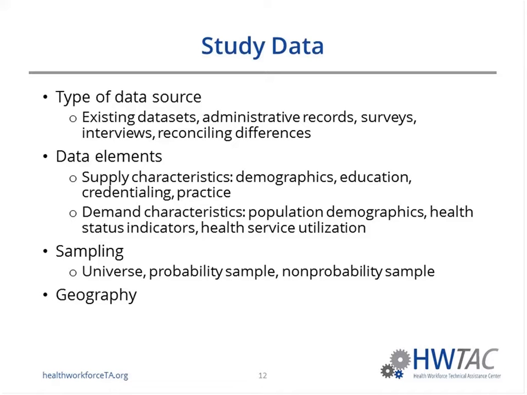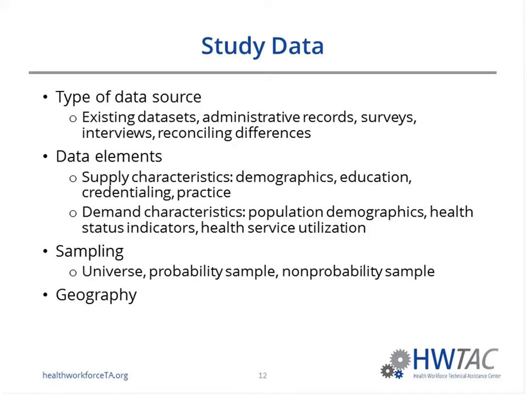For instance, administrative records. Those could be like claims data sets. And of course, surveys, interviews, and an important facet of this is, what if two data sets imply something different? How do you reconcile the differences? All these topics are covered in this chapter, but like I said, I'm not going to really touch too much on them today. Another important aspect of the study data is the data elements.